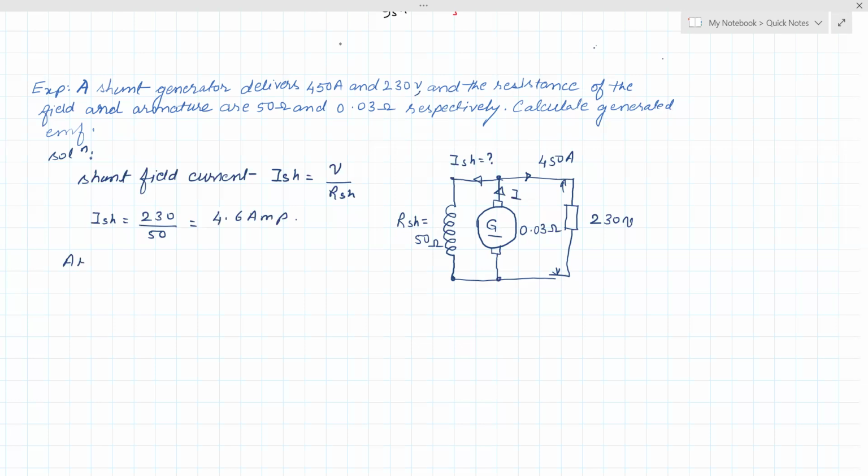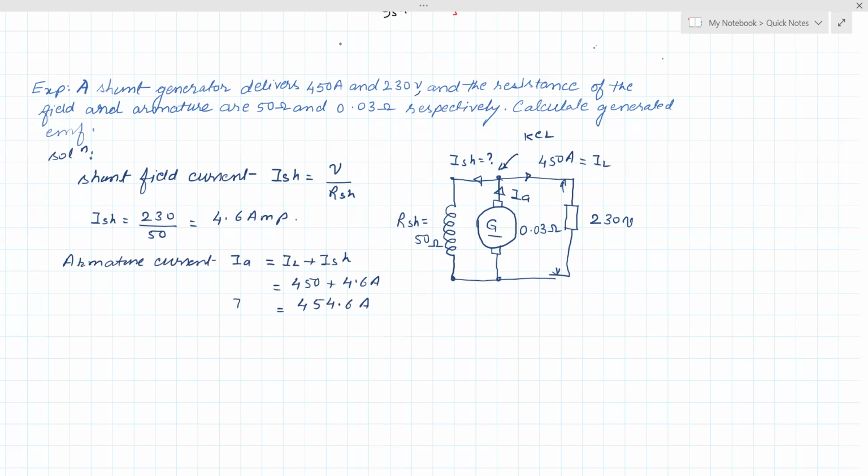Now the armature current IA. We are applying KCL at this point, Kirchhoff's current law: incoming current is equal to the summation of outgoing currents. So IA is equal to the load current IL plus ISH, which is equal to 450 plus 4.6 ampere, which is 454.6 ampere.